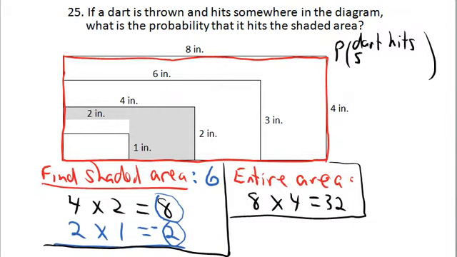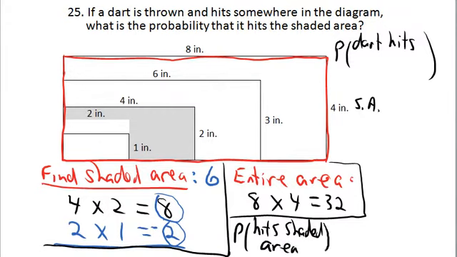Well, I don't know why it's doing that, but let's just let it do it. I'll write it over here. The probability that the dart hits the shaded area is simply the ratio of the shaded area to the total area. That's 6 over 32.